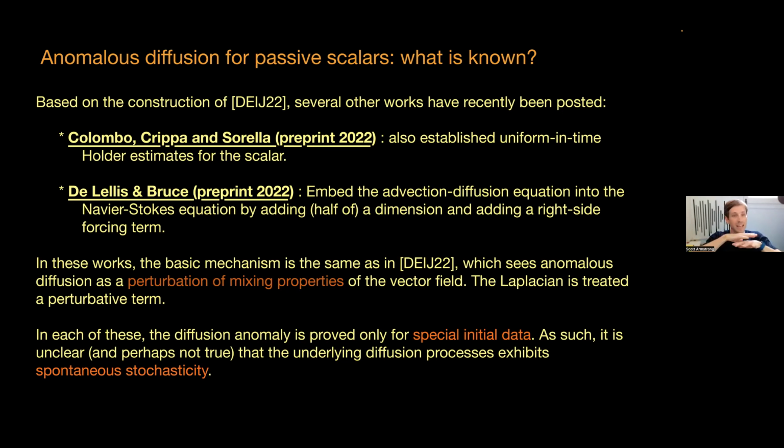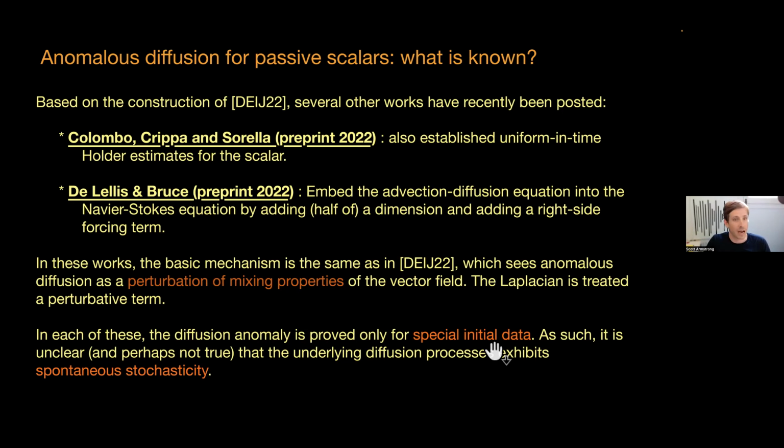It takes the level sets of the initial data and smears them around until the level sets are so intertwined that the diffusion then smears them out. It just creates scales by smearing it around, which is what mixing is. And these results are only proven for special initial data.